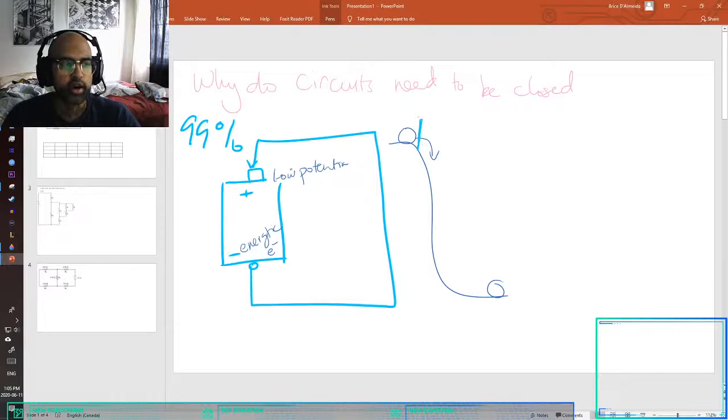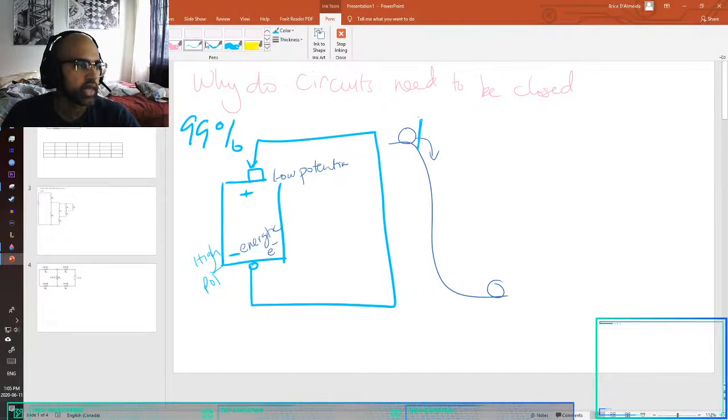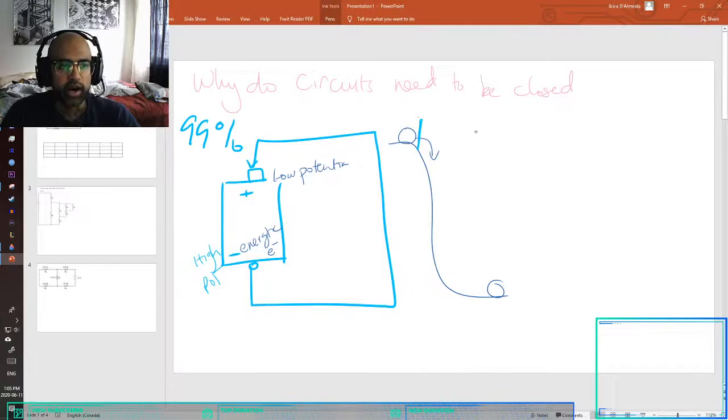You want to think of the wire as being a path for the electrons to go from a high potential area to low potential. Now, the other way we could do that, and I mentioned it shortly last time, was to ground something. Let's say you're playing outside with, I don't know, a flagpole, holding your nice long flagpole.